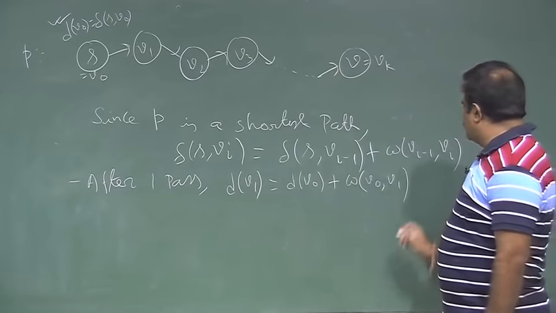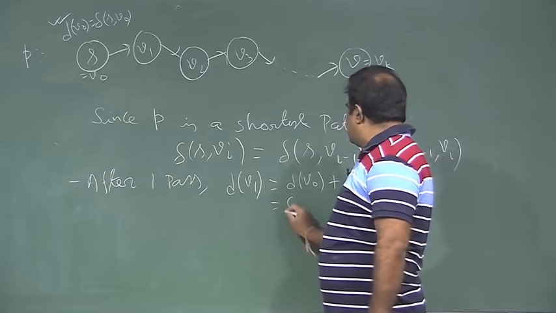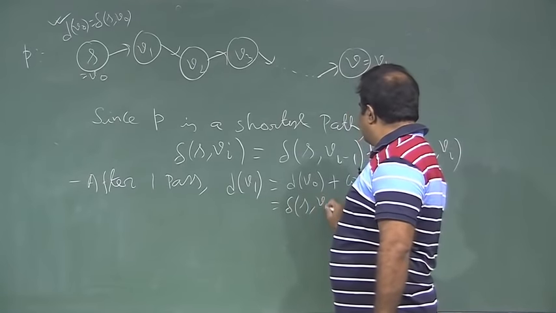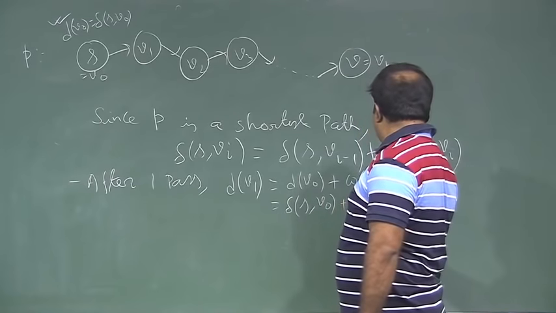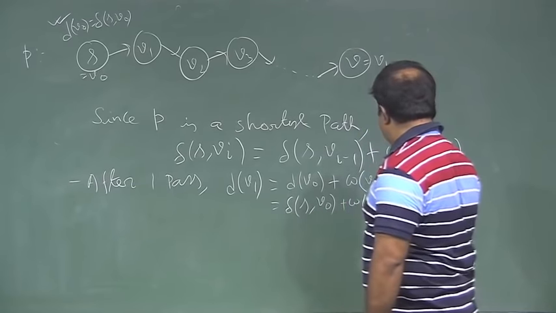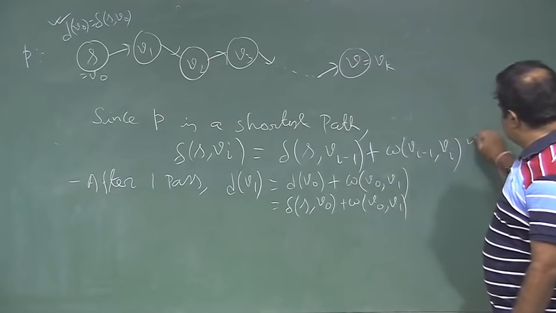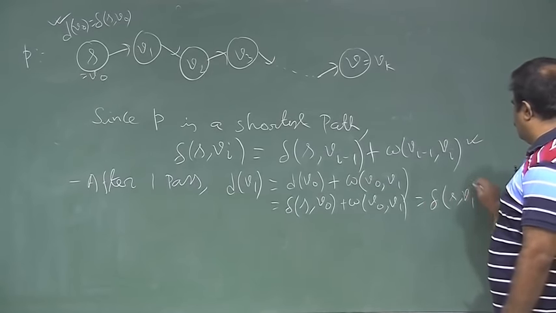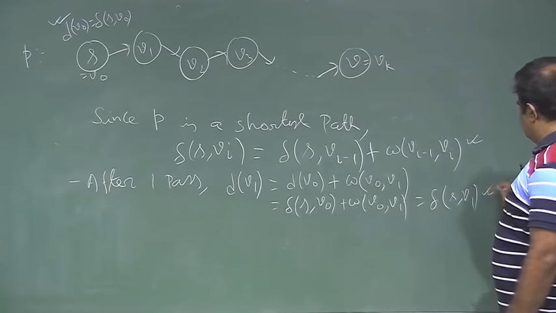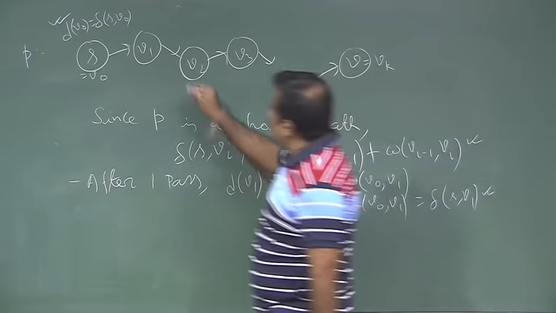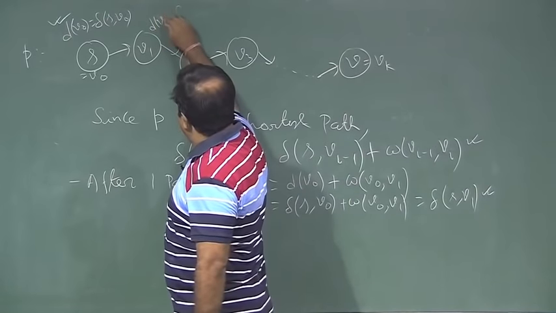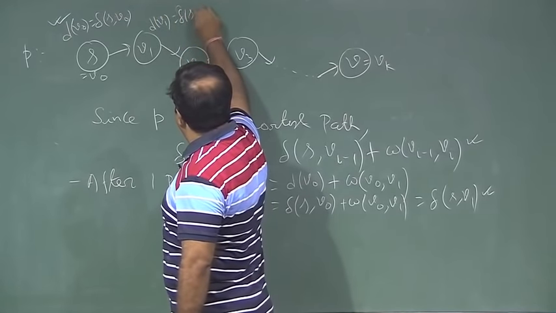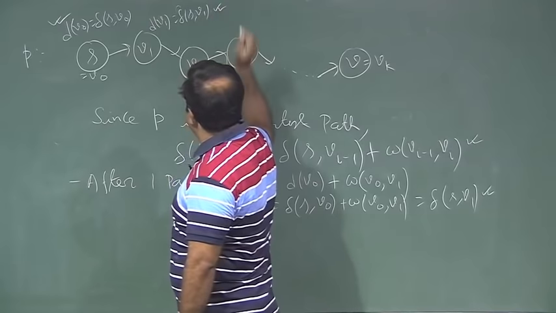So, this is after first pass, and this is nothing but delta s comma v0 plus w of v0 v1, and from this result this is nothing but delta of s comma v1. So, after first pass, d of v1 is basically delta of s comma v1.